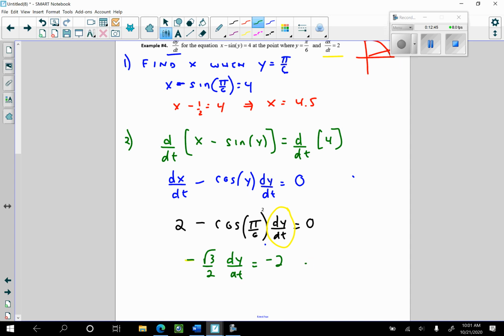Therefore, dy dt is equal to, multiplying both sides by negative 2 over square root of 3. This goes to 1. No, it's wrong. 2 times 2 is 4. This is a positive 4 over square root of 3. Okay?